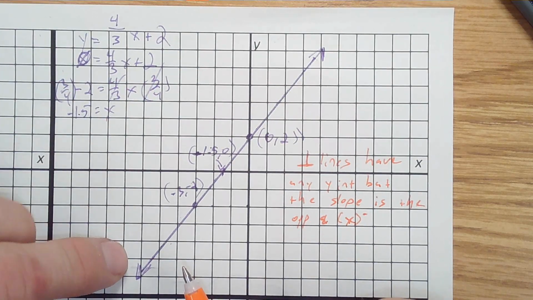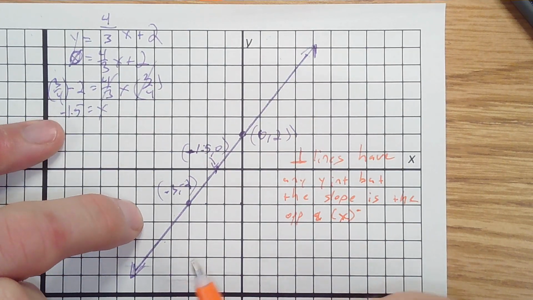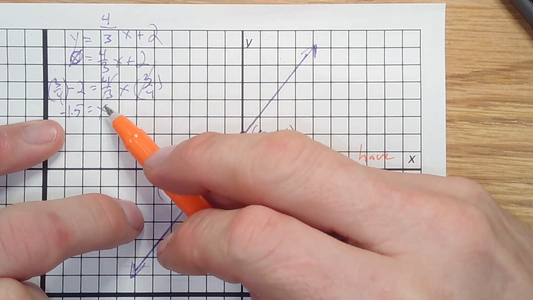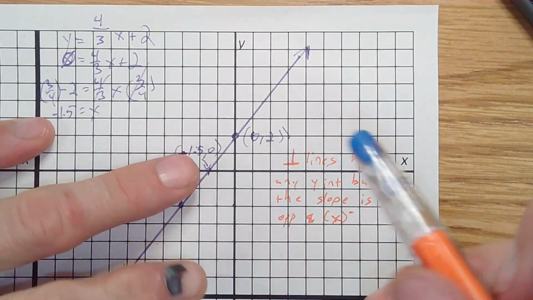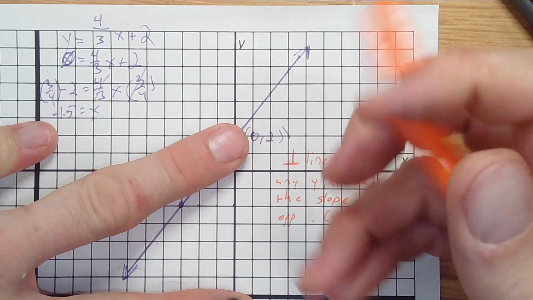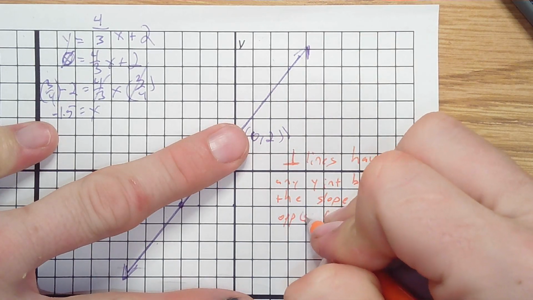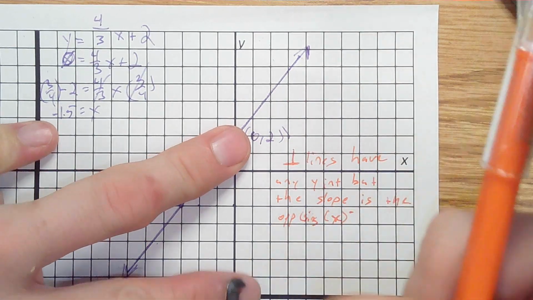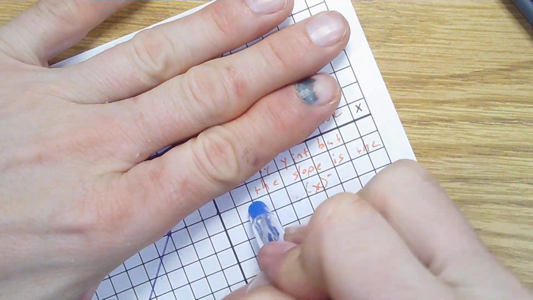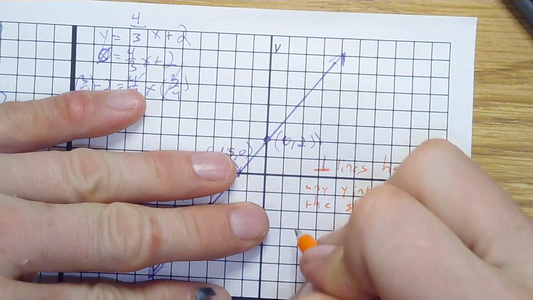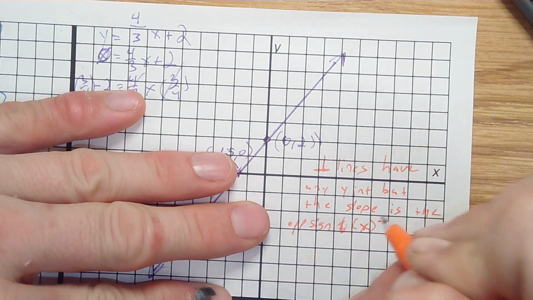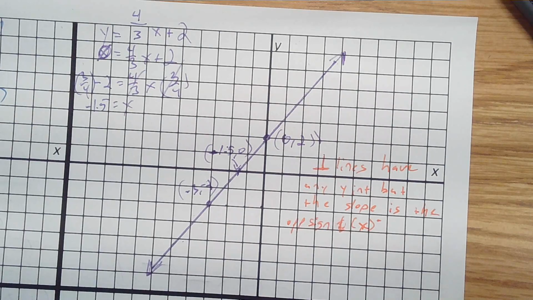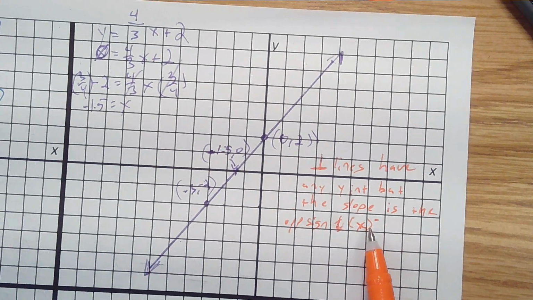So what does the opposite mean? It means I take the opposite sign. The opposite reciprocal is the opposite sign and the reciprocal. Okay.